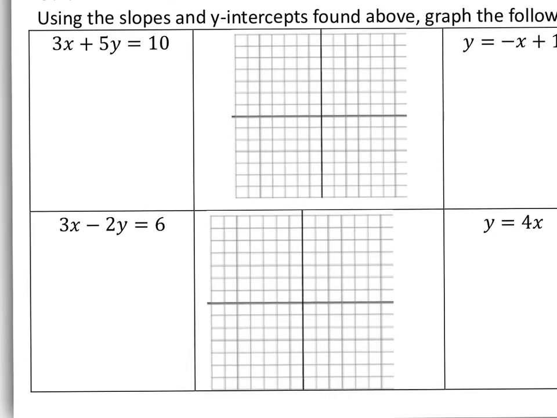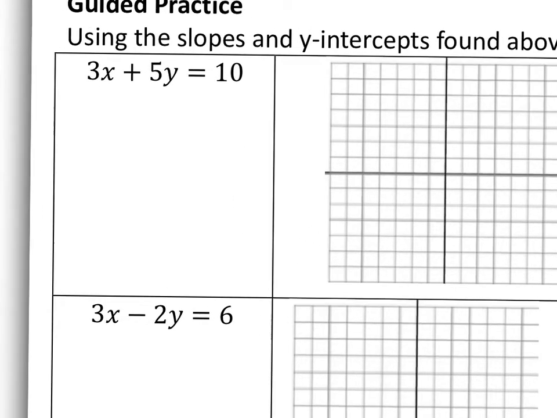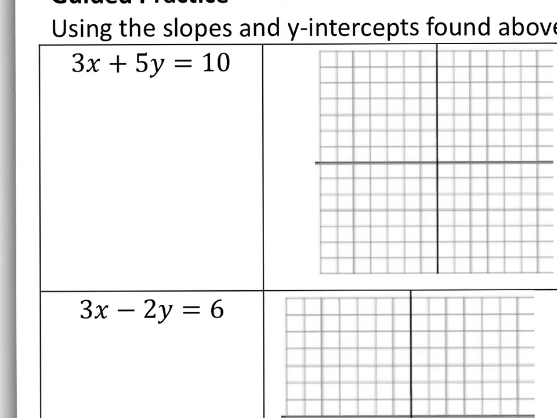So we're going to have to find the slope and the y-intercept and then graph. Okay? Change this equation, linear equation, into slope-intercept form. 5y equals negative 3x plus 10.